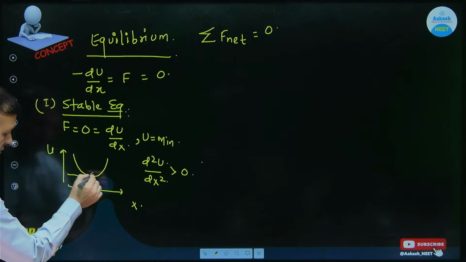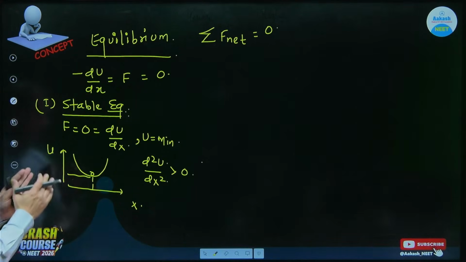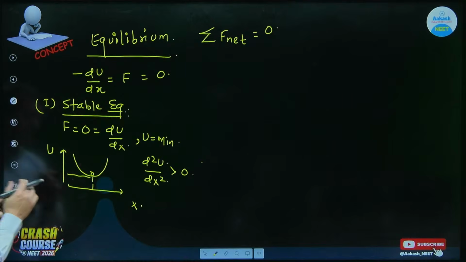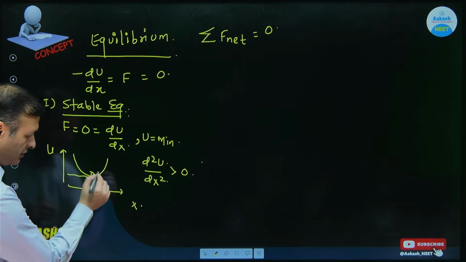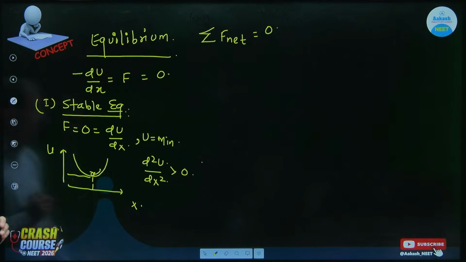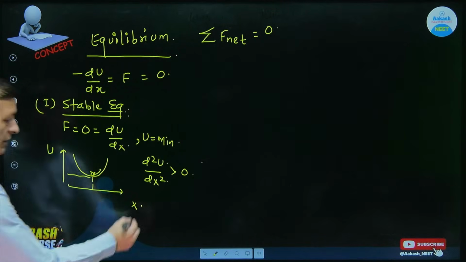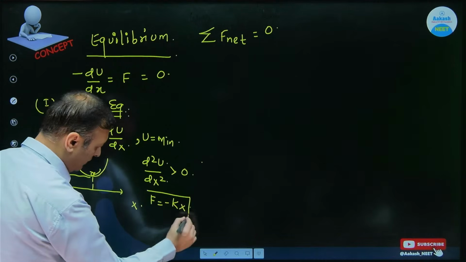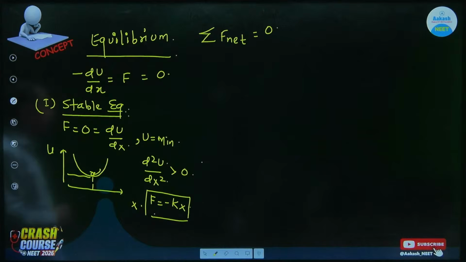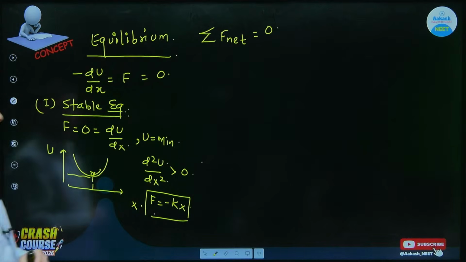So if the body is somewhere here, and if you disturb the body from this stable equilibrium position, then a restoring force will come into play, and that will try to bring the particle back to its stable equilibrium position. So F is equal to minus kx will be there.